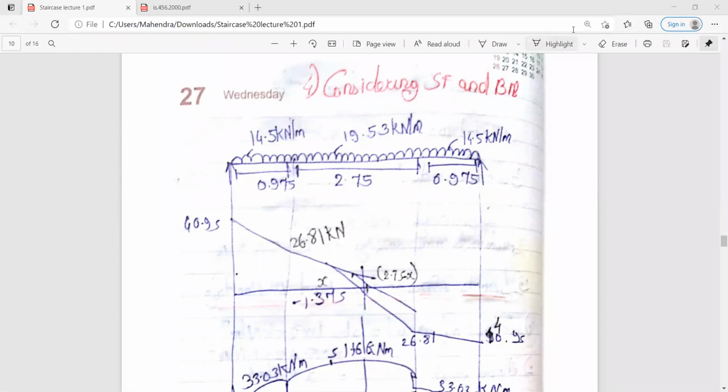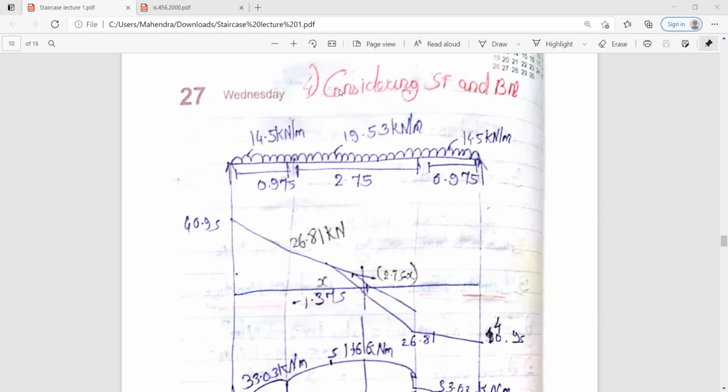Now understood? So now calculate the shear force and bending moment for this particular beam. Draw this diagram. What is the calculation for it? I will tell you.